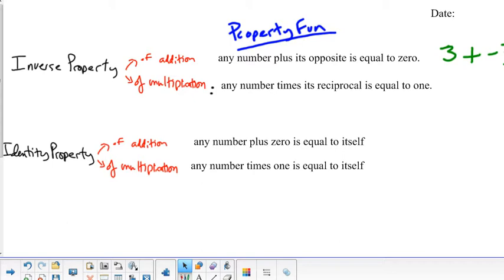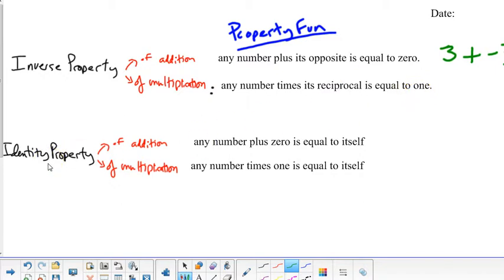If we're talking about multiplication, now the inverse is the reciprocal. So in multiplication, the inverse is the reciprocal, and when we multiply a number and its reciprocal, or its multiplicative inverse, our result is going to be 1.